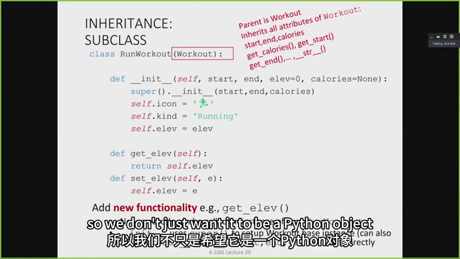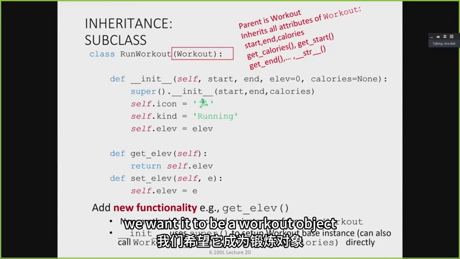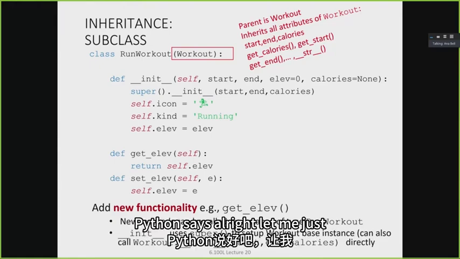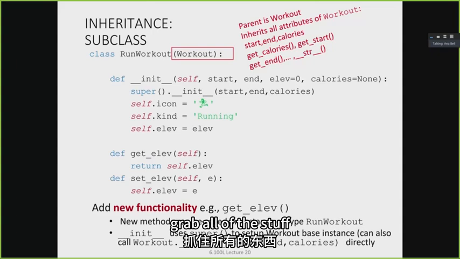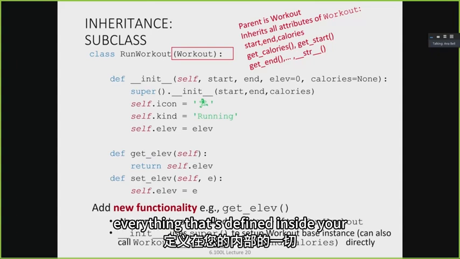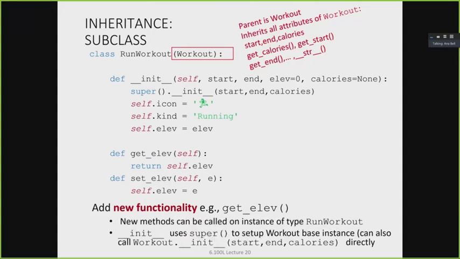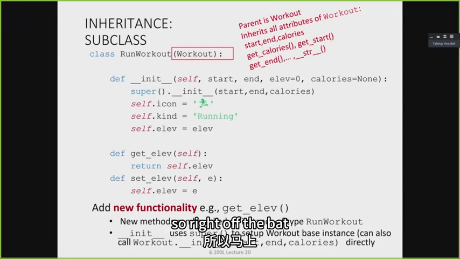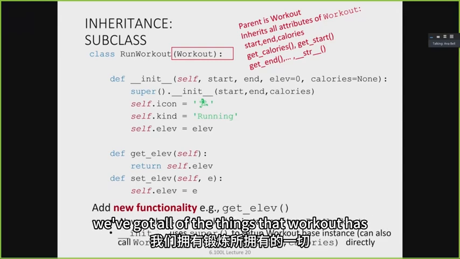So we don't just want it to be a Python object. We want it to be a workout object. So as soon as we do that inside our code, Python says, all right, let me just grab all of this stuff, everything that's defined inside your parent class, this workout, and quote-unquote copy and paste it into this class. So right off the bat, we've got all of the things that workout has.